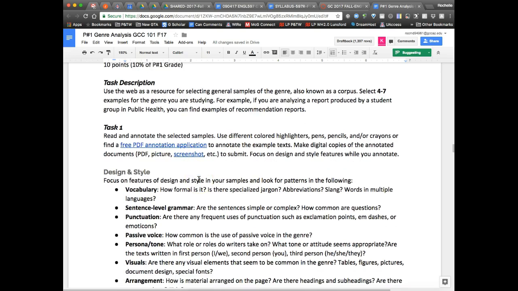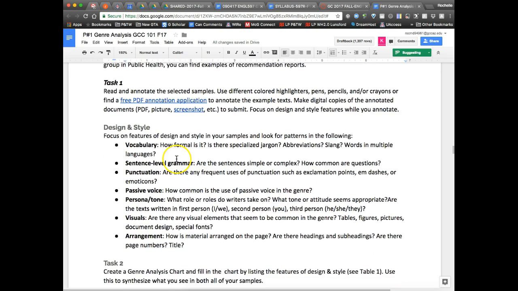And then what you're going to do is analyze those examples in terms of their design and style features. And when we talk about genres, those tend to be the things that stand out to us most quickly. When you use genres to reference entertainment, so science fiction and horror, it's the design and style features that make them stand out.